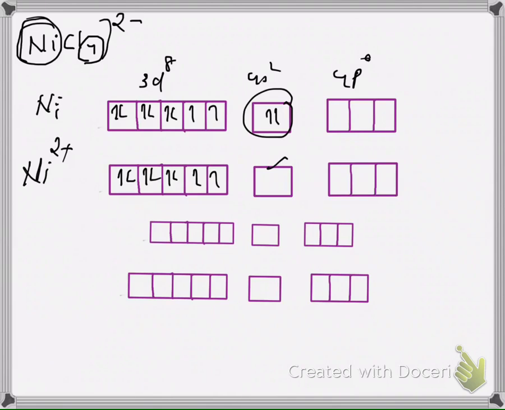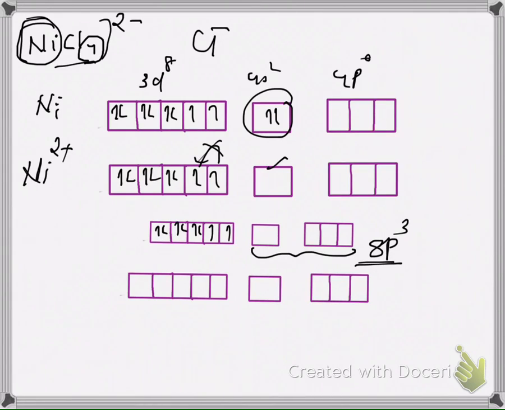Here there is no chance of internal pairing since Cl minus is a weak ligand. So these electrons will remain as such. These 4 orbitals undergo hybridization, 1s and 3p. So hybridization is sp3.